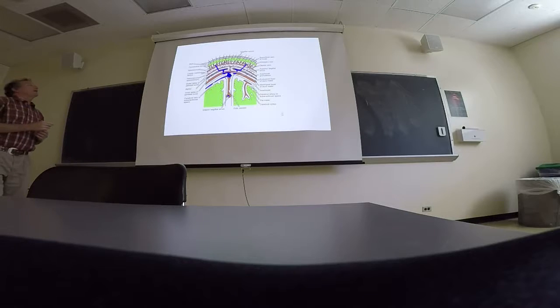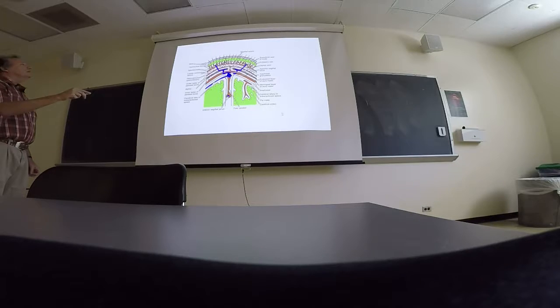But we also pointed out, as we pointed out a few minutes ago, that this diploic bone down here in the middle also has a whole series of veins in it. Okay, so there's little veins in there.